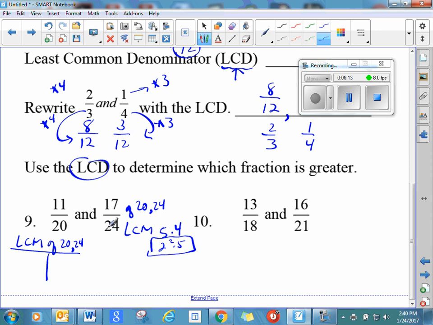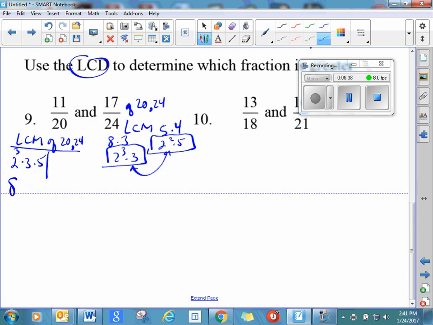And 24 is 8 times 3, which is 2 cubed times 3, and box it up. So between these two prime factorizations, for the LCM, I take every base I see, 2, 3, 5, to the highest exponent I see it. I see 2 cubed, I see 3 to the first, and 5 to the first. So that becomes 8 times 3 times 5.